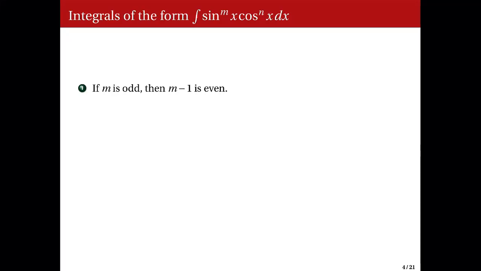So first condition: if the power m is odd, then m minus 1 will be even.